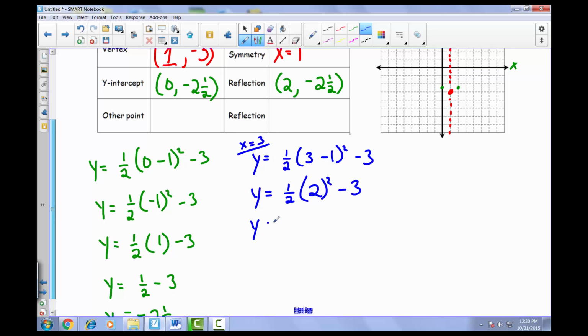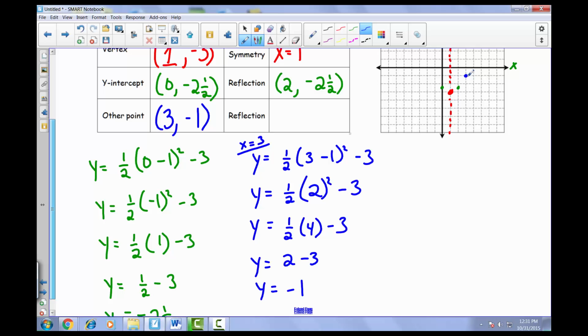We have y is equal to 1/2 times 4 minus 3. Half of 4 comes out to be 2. And then 2 minus 3 just comes out to be -1. So when we threw in our x value 3, we ended up with our y value -1.